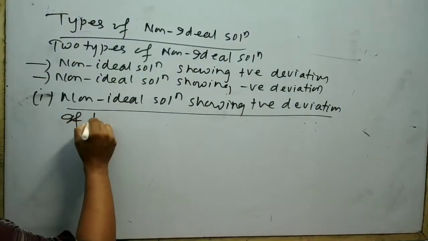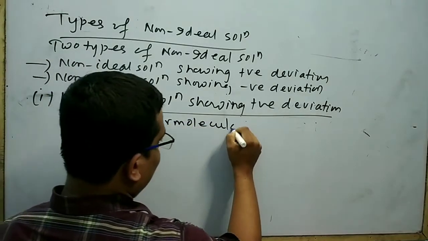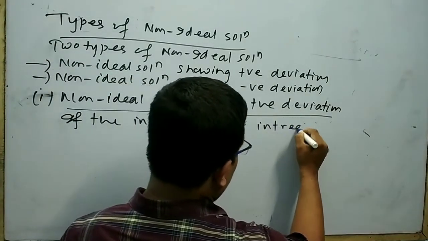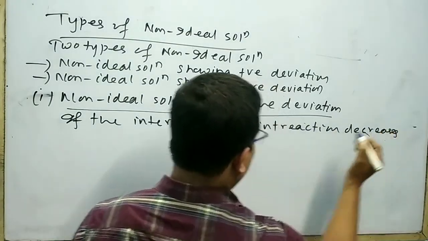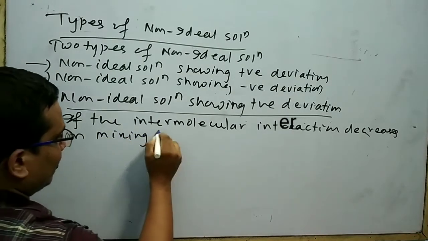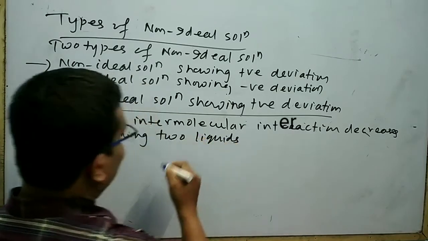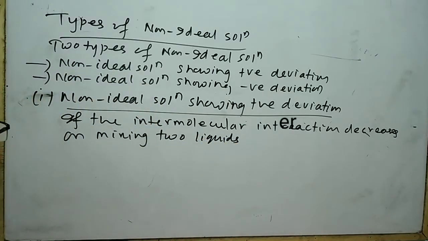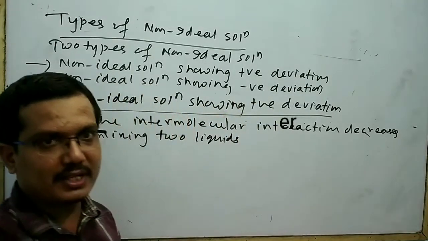If the intermolecular interaction decreases on mixing two liquids, then that type of non-ideal solution is considered as non-ideal solution showing positive deviation.